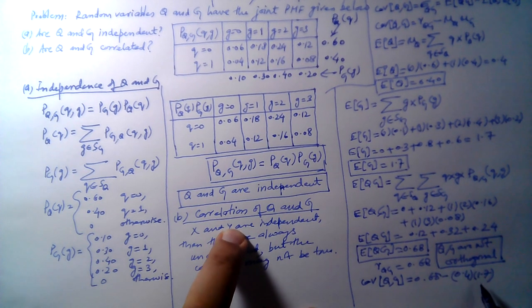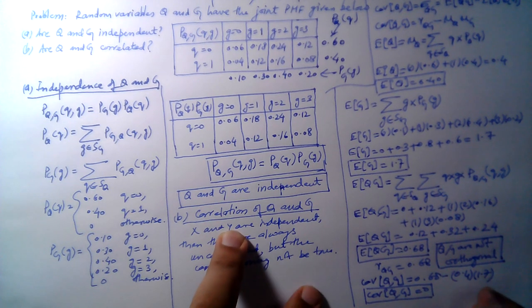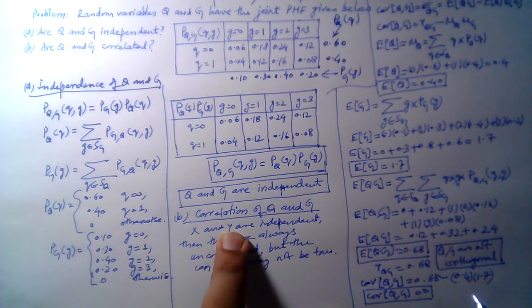So 1.7 multiplied by 0.4 is 0.68. So the covariance of QG is 0, right? As we expected, the random variables Q and G are uncorrelated.